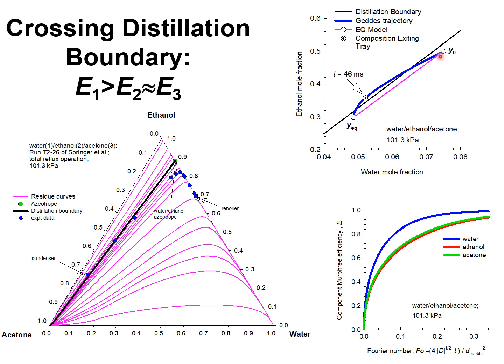The Maxwell-Stefan model calculations are shown in blue as it traverses the tray. For a contact time of 46 milliseconds, the compositions have attained or achieved boundary crossing.